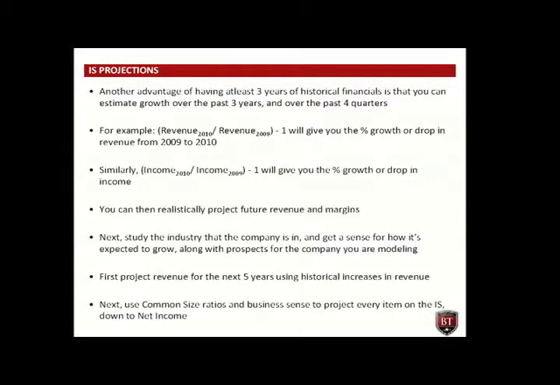Get a sense of how strong this company is within its industry, how the industry is growing over time, and what the specific prospects are for the company that you're modeling. Once you have all of this together, you will be in a fairly strong position to project the revenue going forward, and using the common size, you'd be able to project how your income statement is going to look going forward.